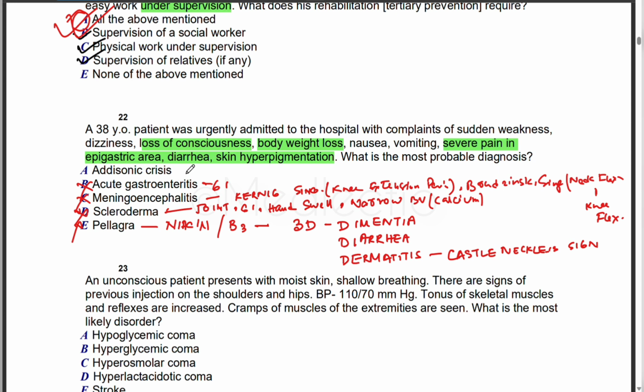What is Addisonian crisis? It is acute adrenal insufficiency.